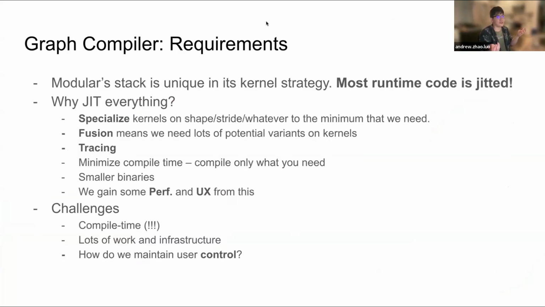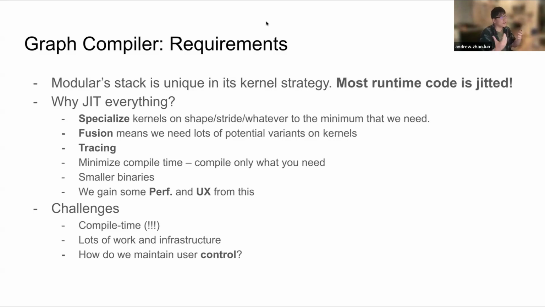Why is it particularly useful? Well, a lot of it has to do with performance for sure, because you want to be able to, for example, specialize your kernels for specific shapes. Whereas if you ship a library, that becomes really cumbersome and difficult. There are a lot of bad trade-offs you would have to make in order to make that happen. And we also want to deal with operator fusion, which Eric has alluded to, and I'll talk a little bit more about later.